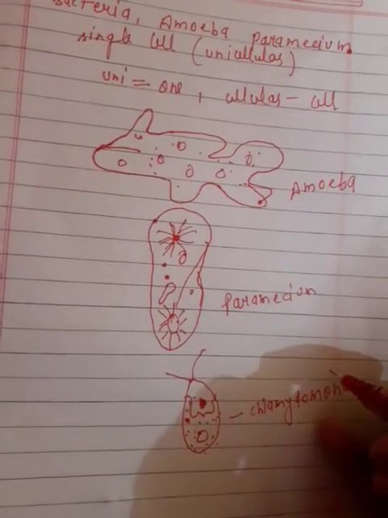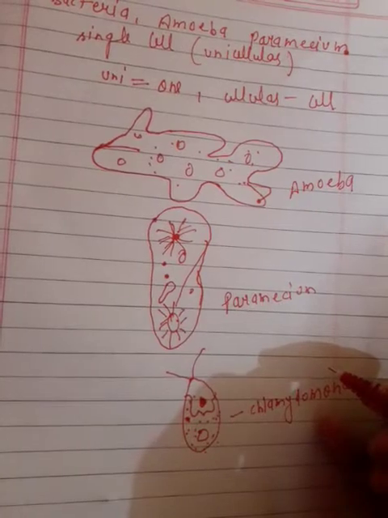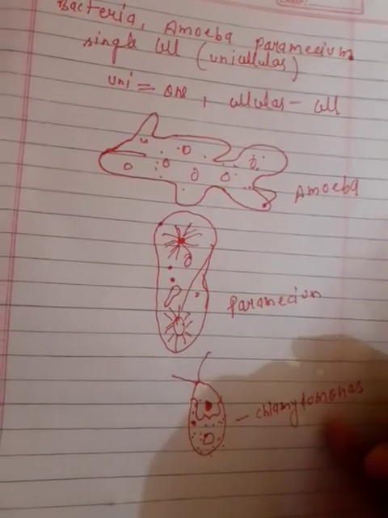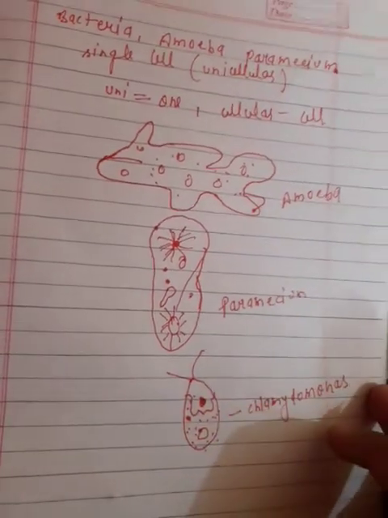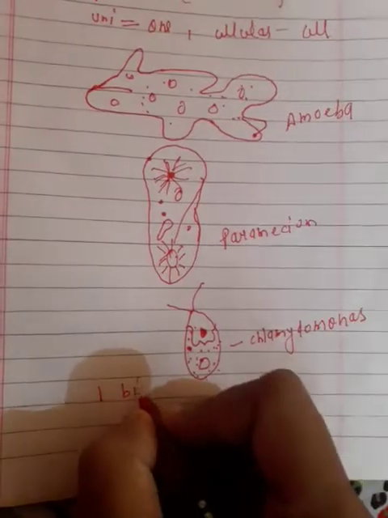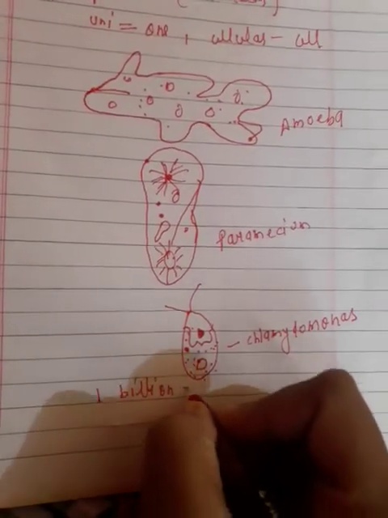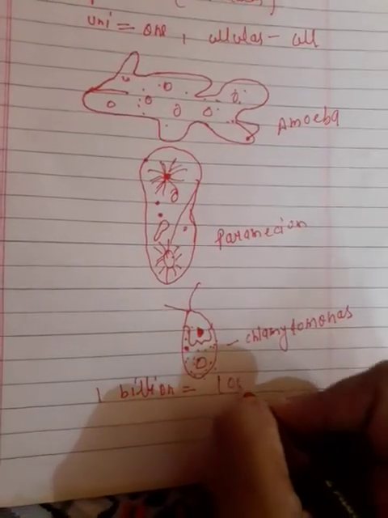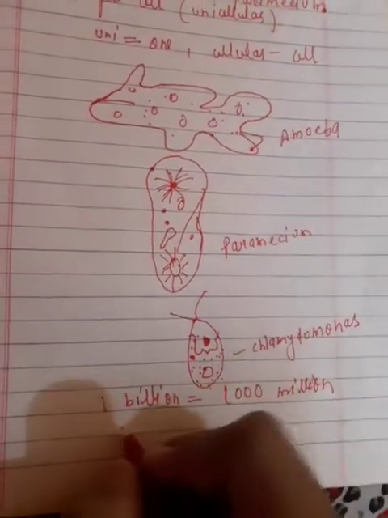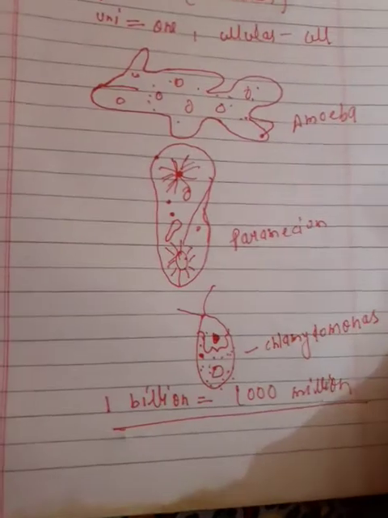And can you guess the number of cells in a mango tree or an animal like the lion? The number of cells in these organisms runs into billions. 1 billion is equal to 1000 million.